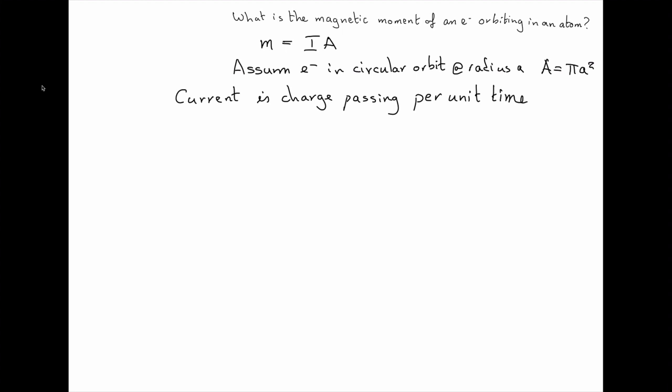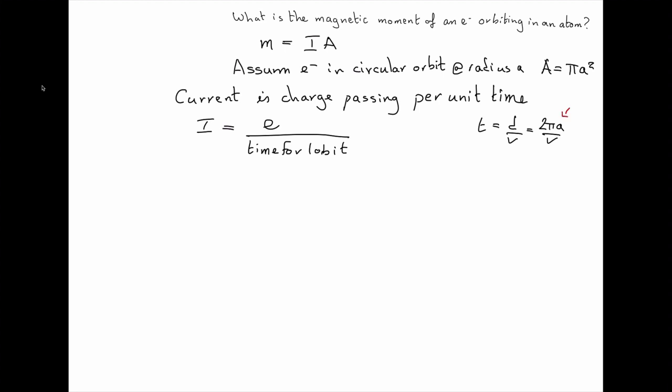So I is equal to the electronic charge divided by the time for one orbit. But the time for one orbit is just the distance it needs to travel over the velocity. So this is just 2 pi a over v.